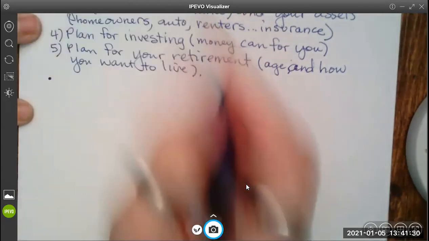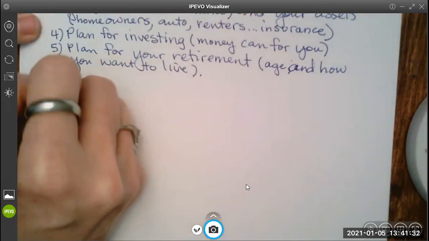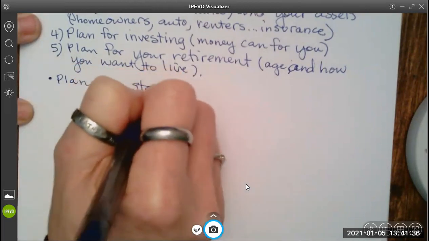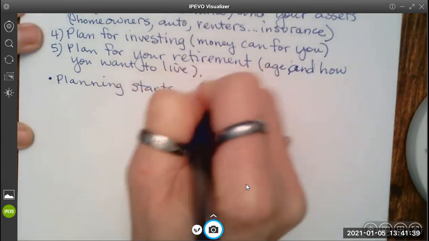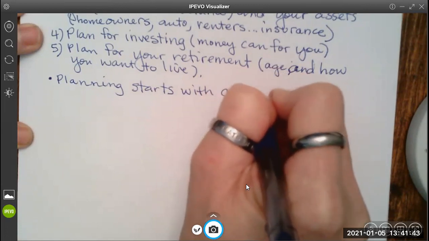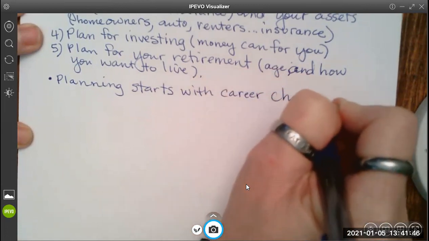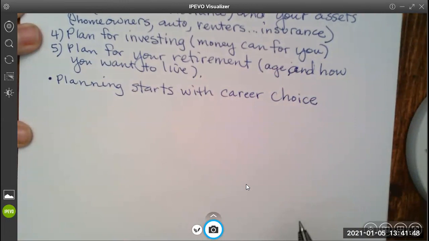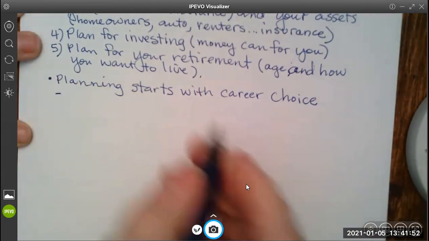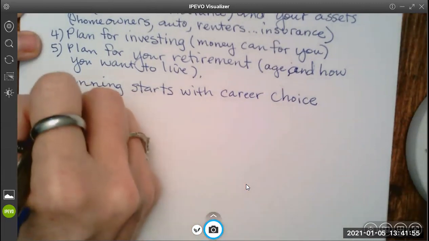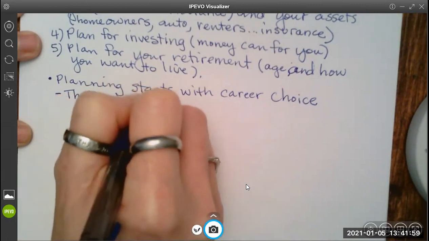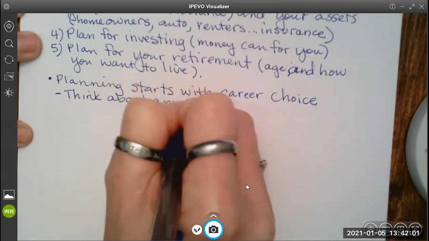All of this financial planning stuff, though, planning starts with a career choice. Okay. Planning starts with a career choice and things you need to think about with that career choice. You need to think about the amount you get paid.